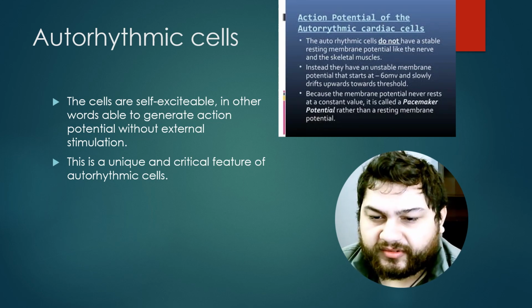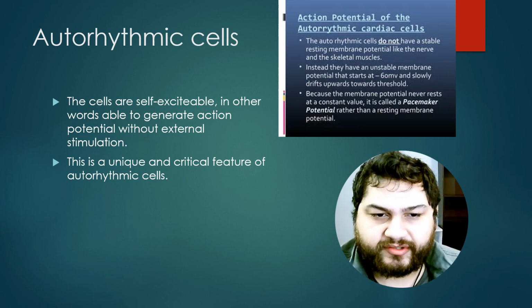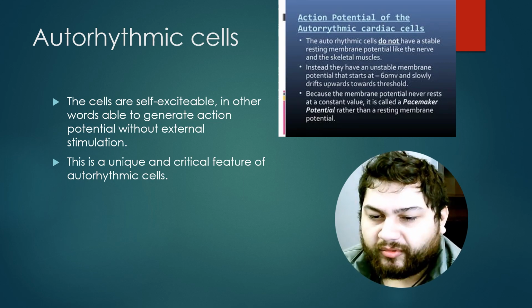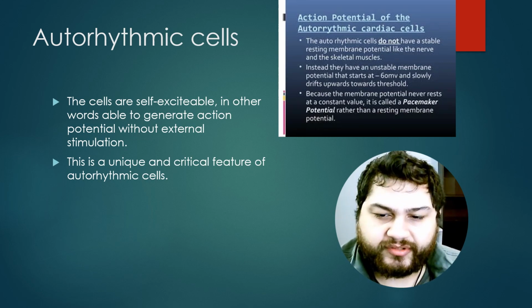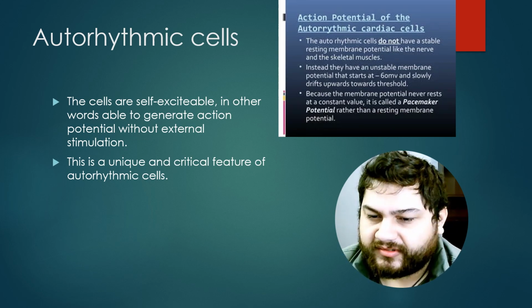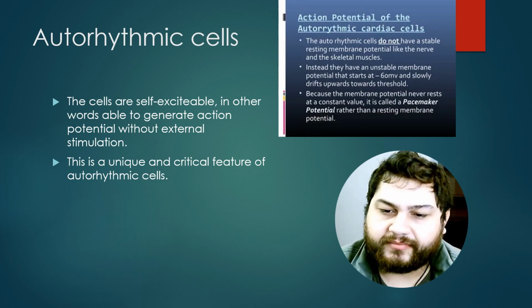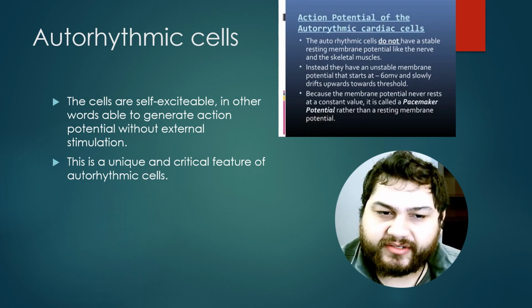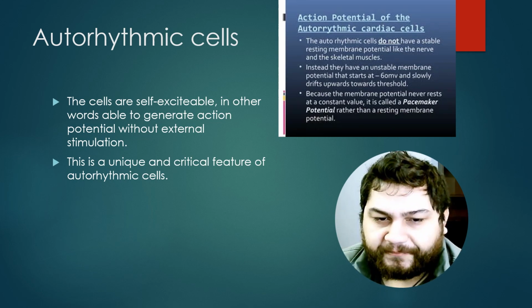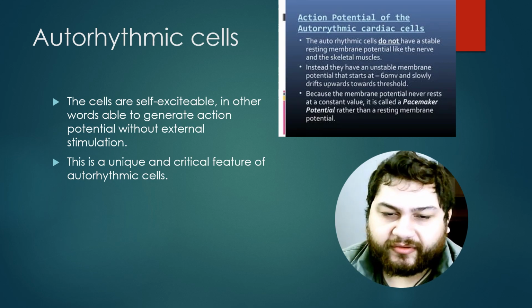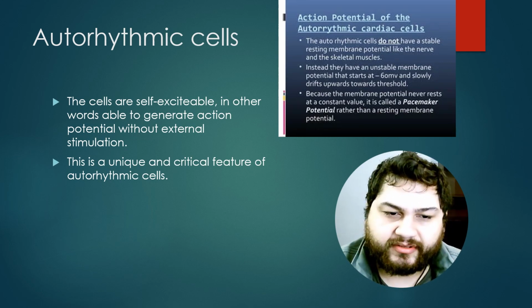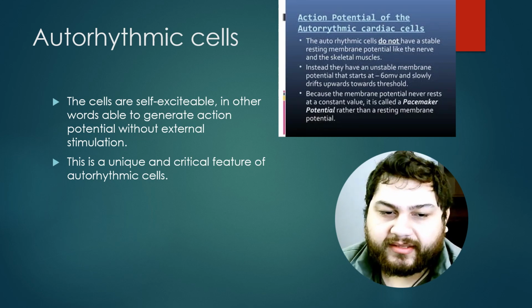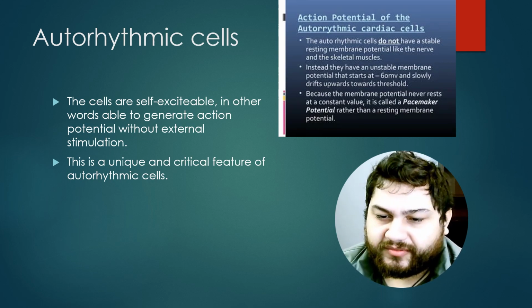So going into a little bit more detail into autorhythmic cells and how they work, I'm going to go into a little bit of detail into their action potentials in just a second, but first some key characteristics of autorhythmic cells. The cells are self-excitable. In other words, they are able to generate action potential without external stimulation.